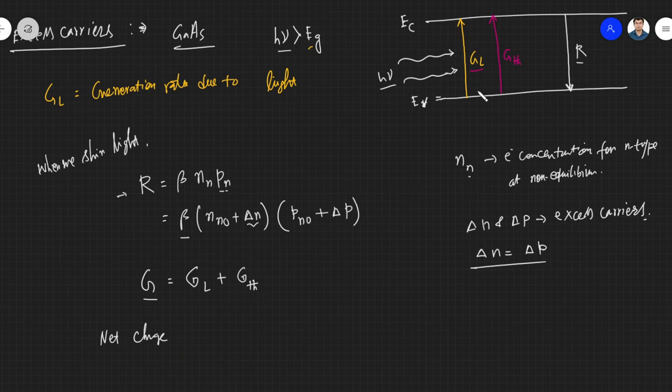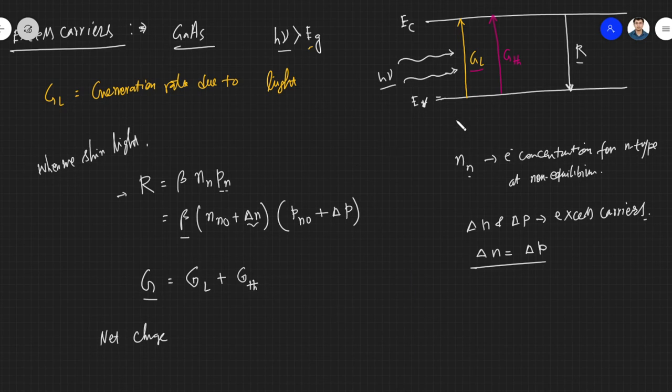Right now we are considering only light. When there is forward bias, the situation will change and we will derive the diode equation and all from there. But for now, we are just seeing a simple semiconductor piece and we are shining light on it.